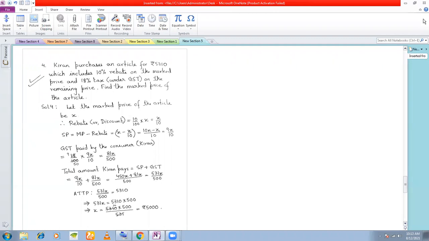Okay. So here she is purchasing an article for rupees 5,310, which includes a rebate of 10%. We don't know the mark price. So we say let the mark price of the article be X. Okay.